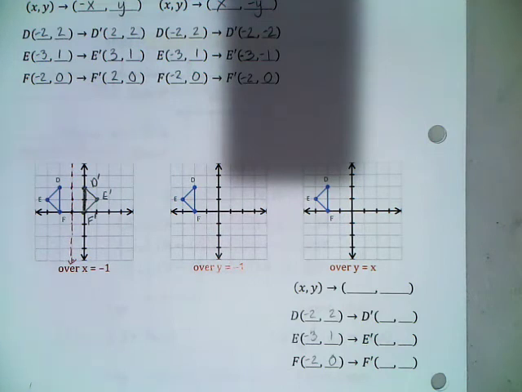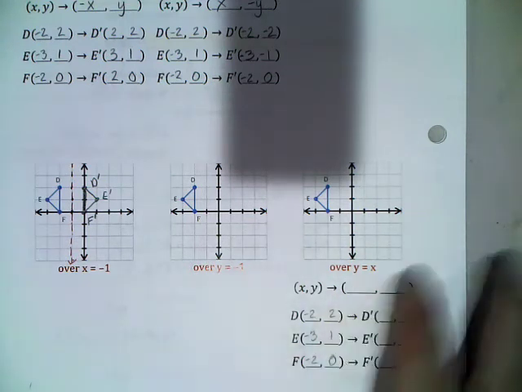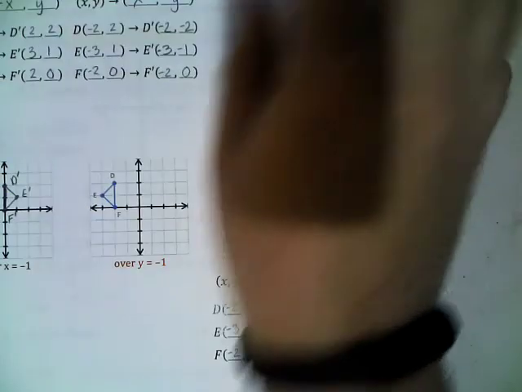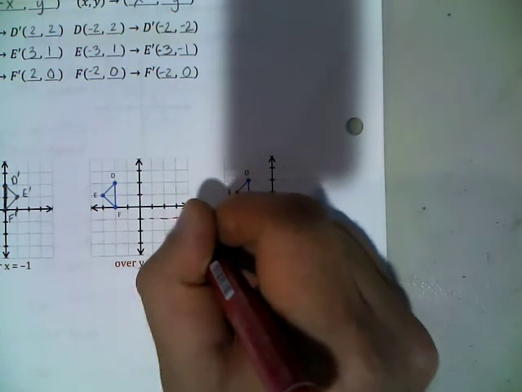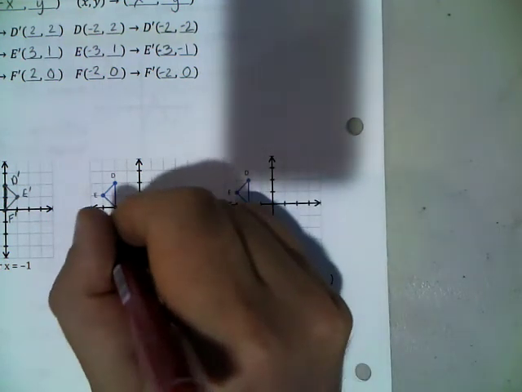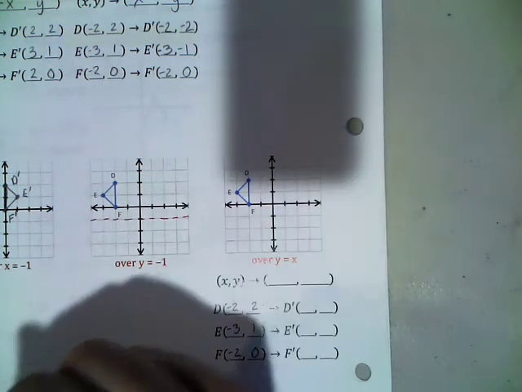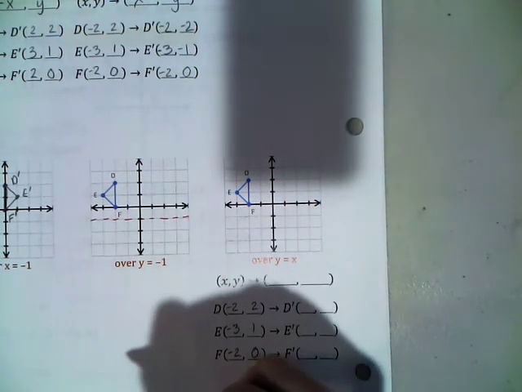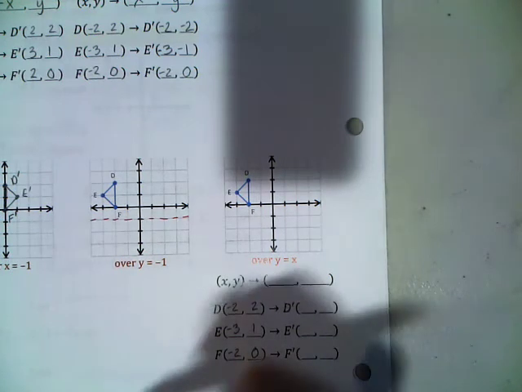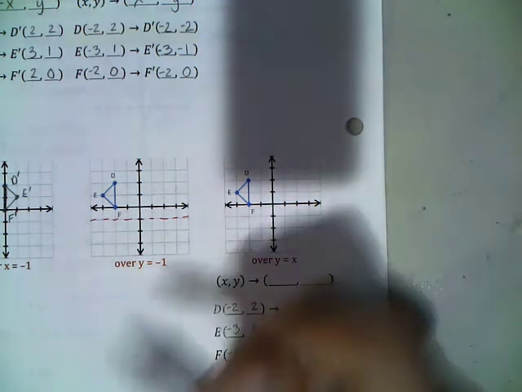Well, ladies and gentlemen, if x equals a number gave me a vertical line, it should make sense then that y equals a number, like in this next example, should give me a horizontal line. And sure enough, it does. Because if you think about the values of all the points going horizontally here, they all would have a value of y equals negative 1. So now let's move towards our mirror.